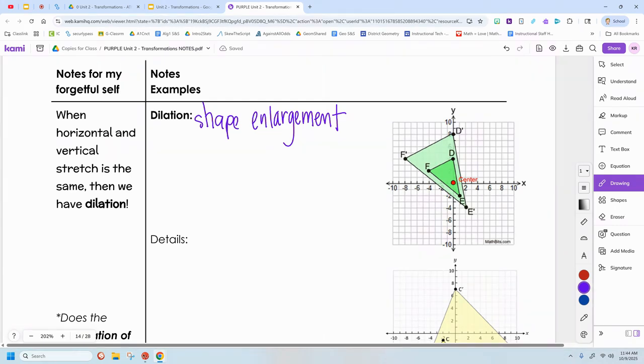And that's when the scale factor is greater than, I'm using an algebraic symbol, greater than 1.